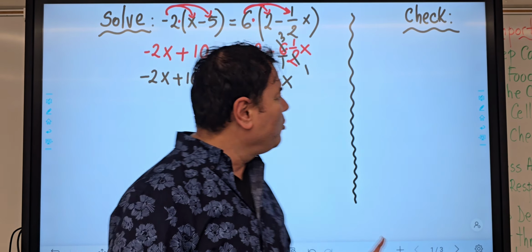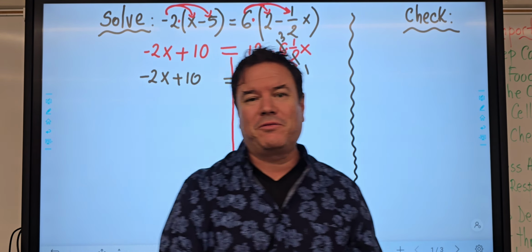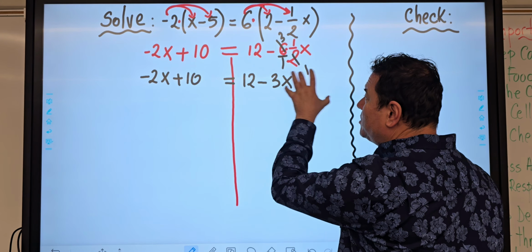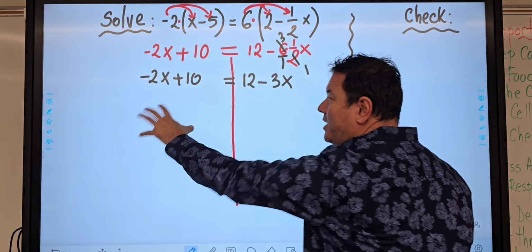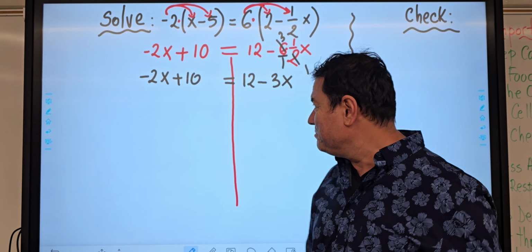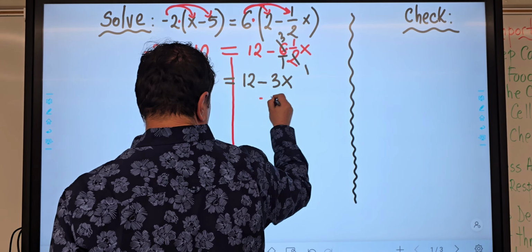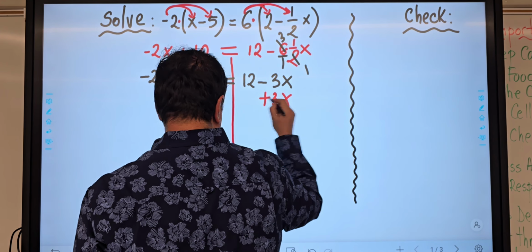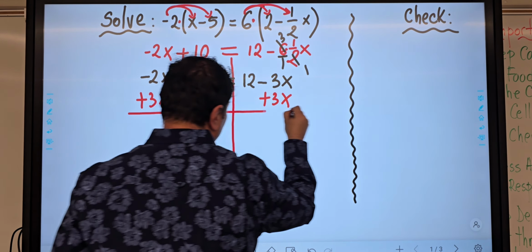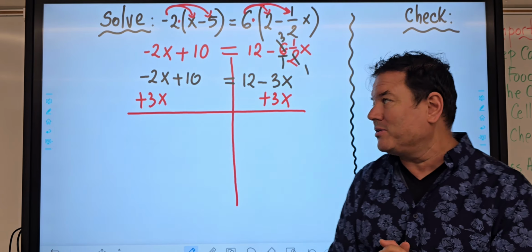So remember, our goal is to bring the variables to either the right or the left. But in this case, it's better if we add the 3x on both sides so we can keep the variable to this side of the equation and positive. Okay? So let's add 3x on both sides because our goal is to get the x's to this side of the equation and positive.